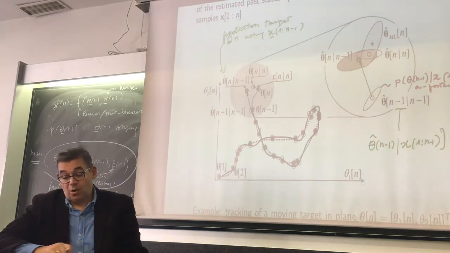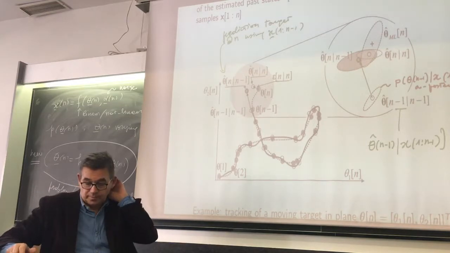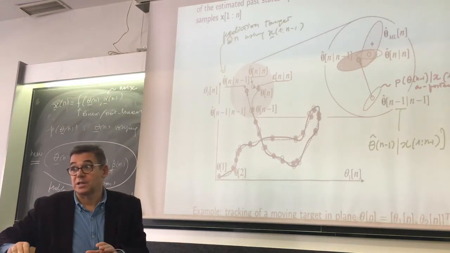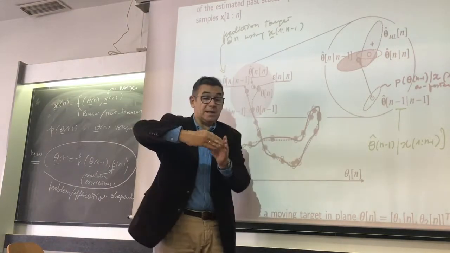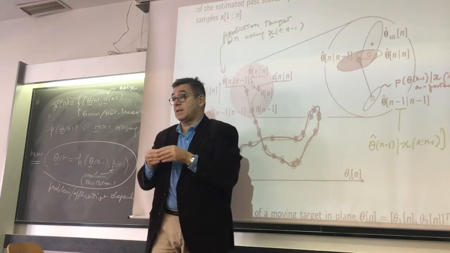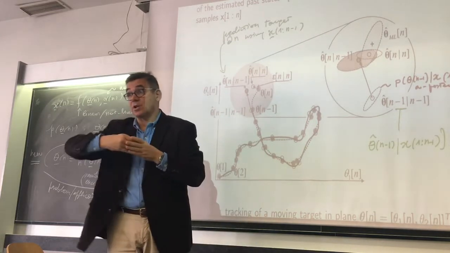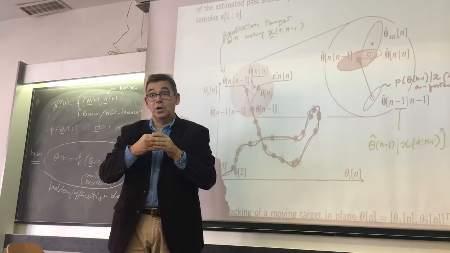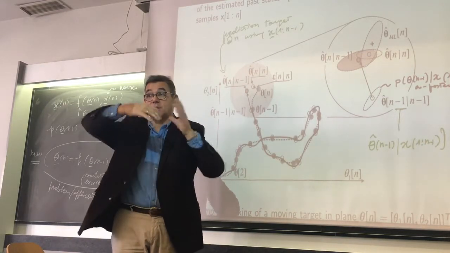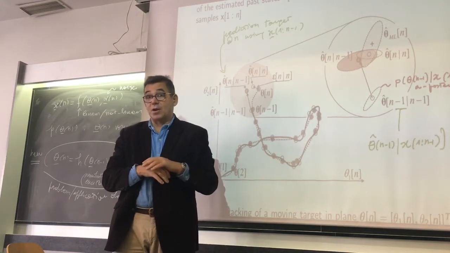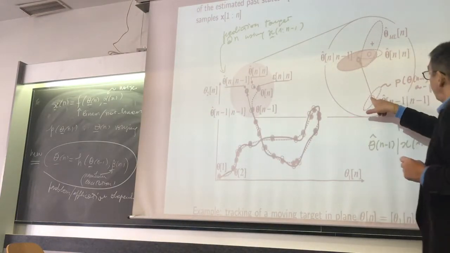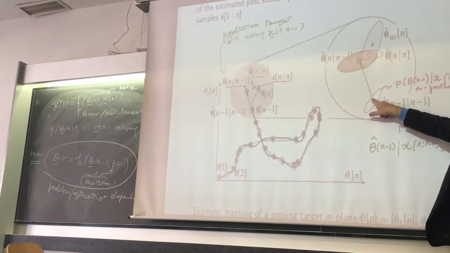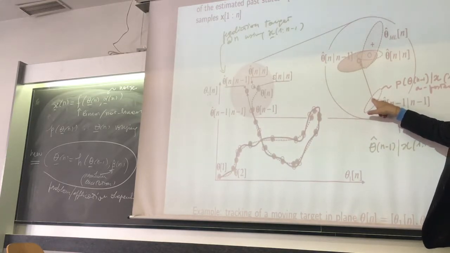Now, this a posteriori, if it is Gaussian, because we are assuming Gaussian just to simplify, then these ellipses represent the Gaussian distribution of the error, so it's an ellipse. If calculating the maximum of this a posteriori probability density function, which coincides with the minimum mean square error, this is the maximum a posteriori.